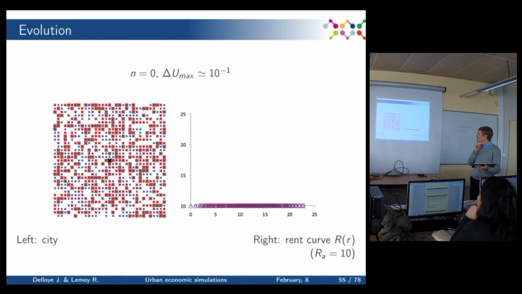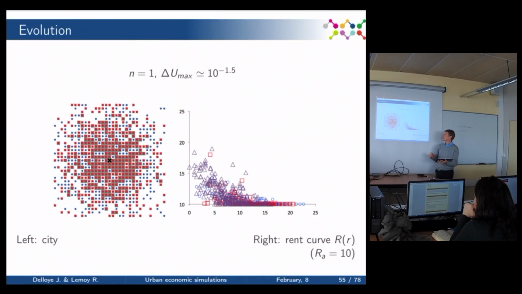I just show you how things evolve. On the left you have the simulation space, and on the right you have the price curve, rent as a function of the distance to the center, and the agricultural rent is 10 here. So all the prices are 10 at the beginning, and then you see how things evolve.